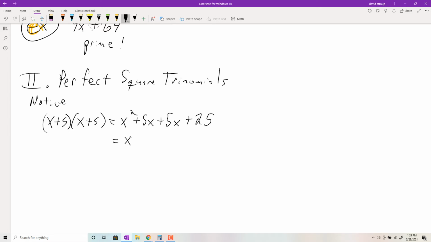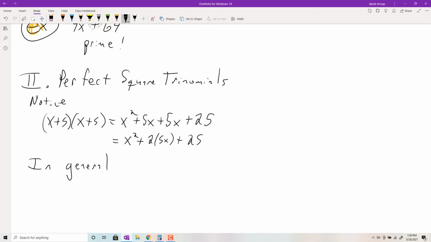So it's going to be x squared plus 2 of these 5x's, which is the same as 2 times 5x, 10x. Right? 5x plus 5x is 10x, same thing. And then plus 25. I wrote it like this because this indicates the general formula that we're going to be using.